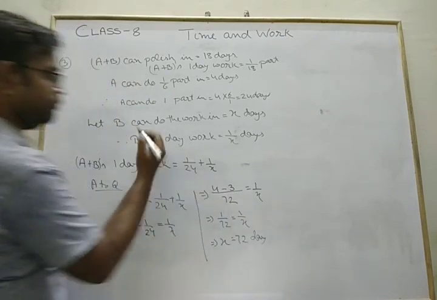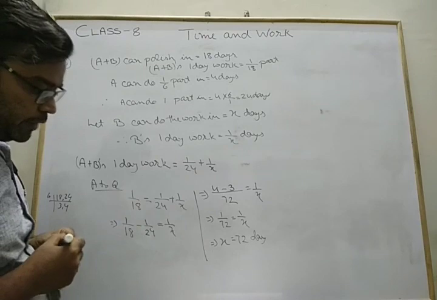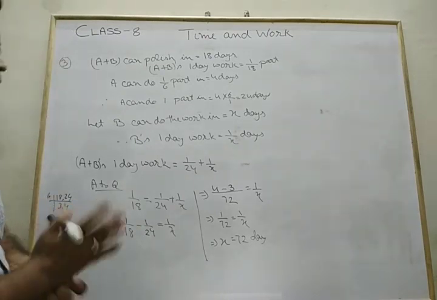So B can alone complete the work in 72 days. This is your solution.